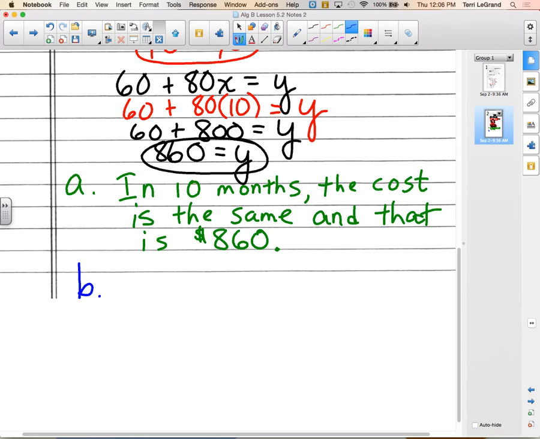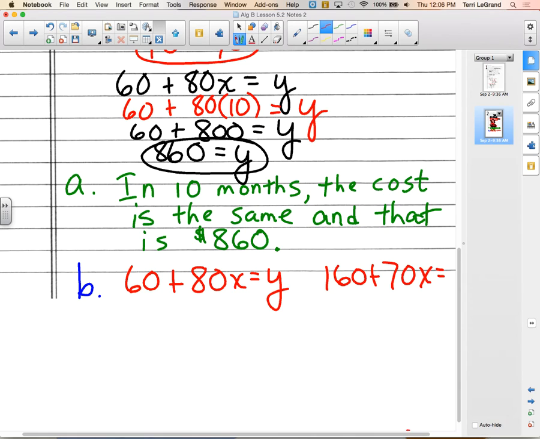Maybe not so much work for ourselves. Ariel, do you have an idea? Put 6 in for x. How about we put 6 in for x right away from the beginning? Okay, let's do that. Let's write down our 2 equations. We have 60 plus 80x equals y, and then we have 160 plus 70x equals y.